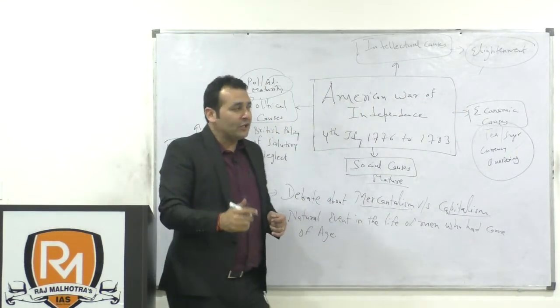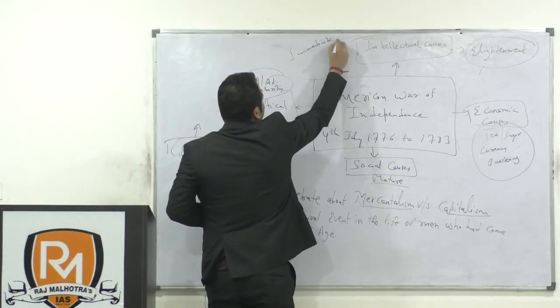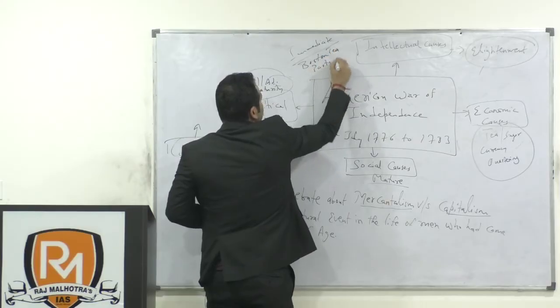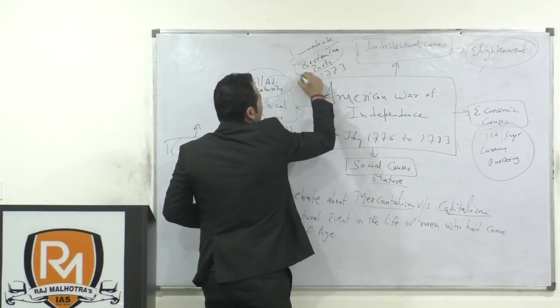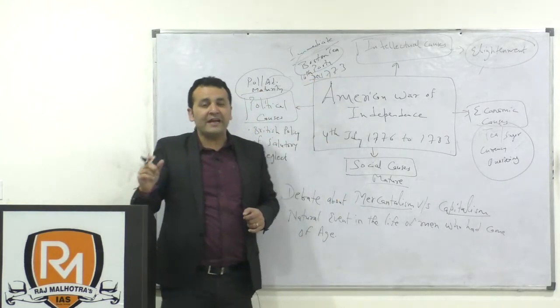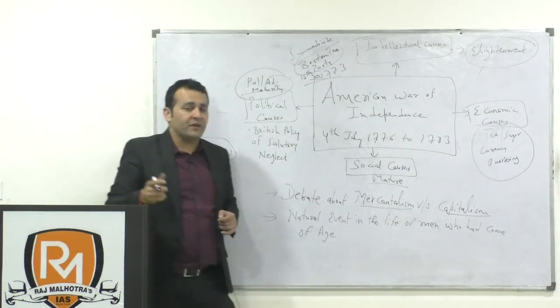And now the immediate cause comes, that is the Boston Tea Party. This Boston Tea Party happened in 1773 on 16th of December, when the new Tea Act was implemented, which meant that Americans had to pay an extra cess on tea.